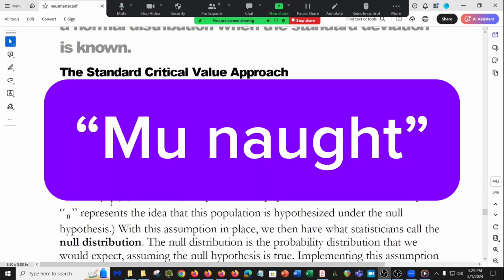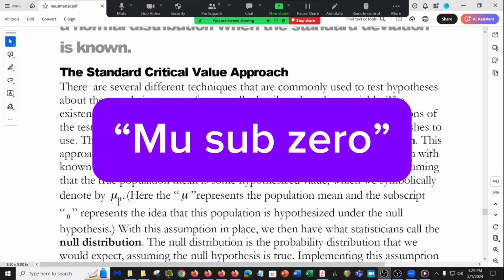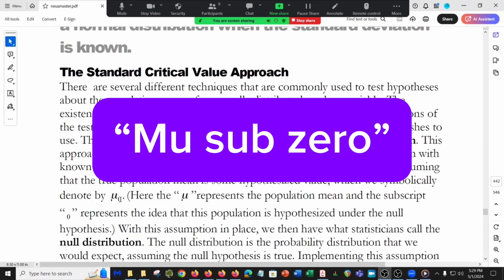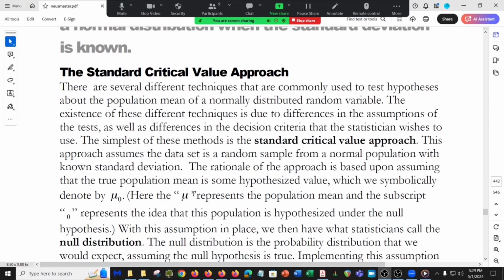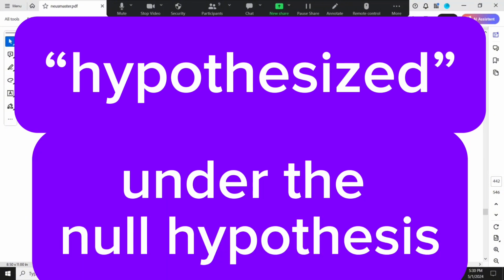Now, this little subscript 0 can be read as naught, N-A-U-G-H-T, or it can be read as mu sub 0 if you like. But the important thing is that this Greek letter mu represents the population mean, and the subscript 0 represents the idea that this population mean is hypothesized, under the null hypothesis.